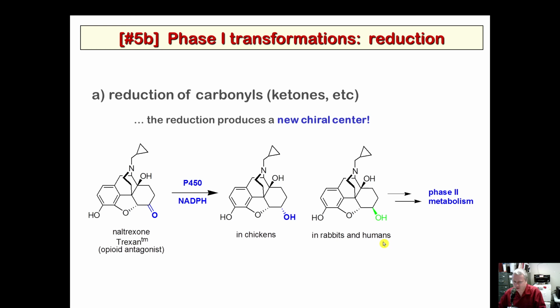It just shows that we have little species differences in our P450 enzymes, slight chirality differences in the enzymes that could lead the hydride to be delivered differently. In this case, the hydride is delivered to the front of the ketone, and in this case, the hydride, the H minus, is delivered to the back of the ketone, which is kind of weird. And then further phase 2 metabolism would occur, attaching stuff to the hydroxy groups, etc. So the stereoselectivity is species dependent.